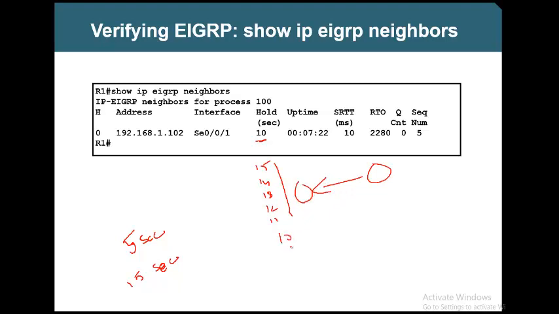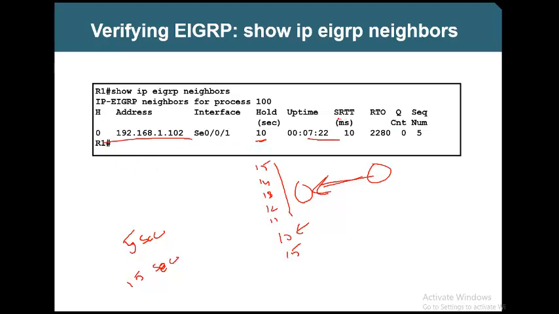That will make it 10 here, and then again 15 here. So it won't go less than 10 if hello is coming right on time every 5 seconds. That's the hold time. And it shows how long the neighbor is up.